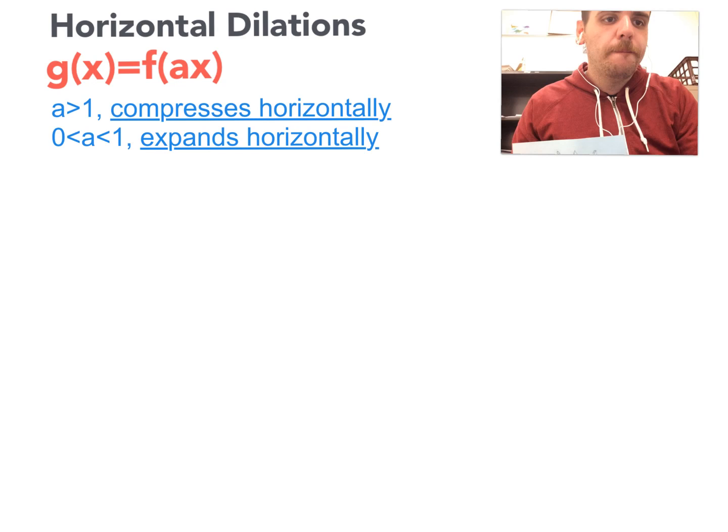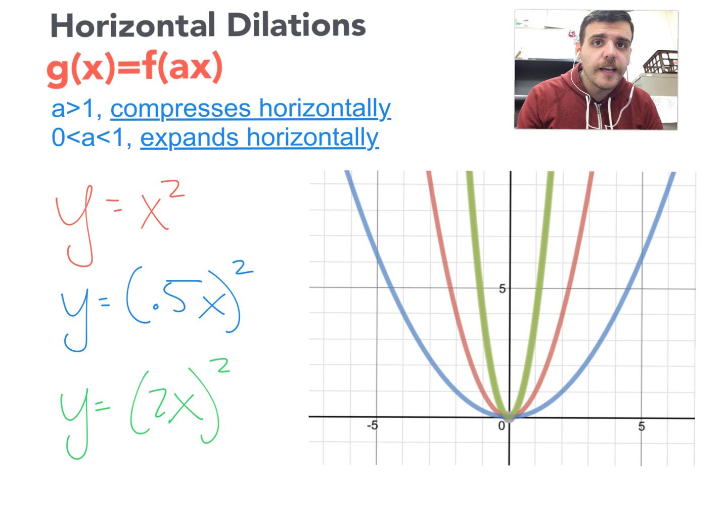All right, so let's see what this looks like on a graph. Here we have the red function, the parent, y equals x squared. The blue, see this is between 0 and 1 because it's 0.5, and it expanded horizontally. You can imagine grabbing each side and pulling it left and right. And then here where a was greater than 1, it's 2, that compresses horizontally.